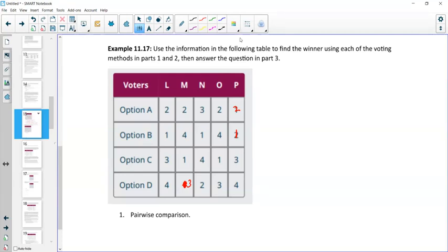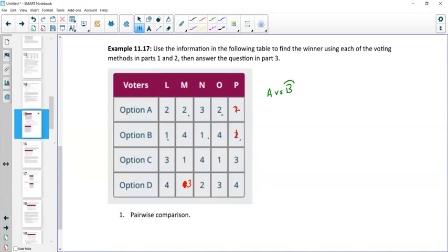And then, pairwise comparison. You have A versus B. A is preferred here and here. And B is preferred here, here, and here.